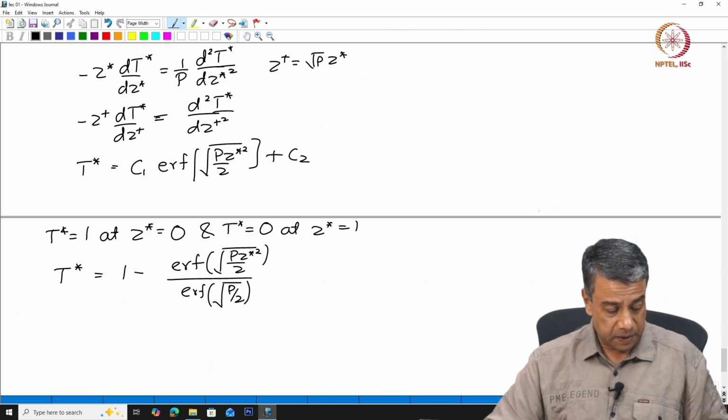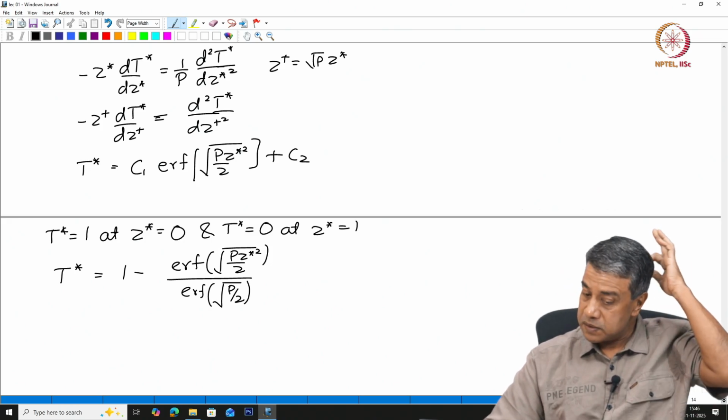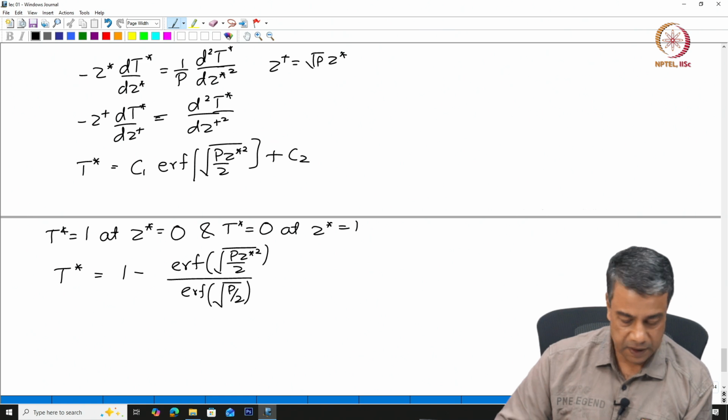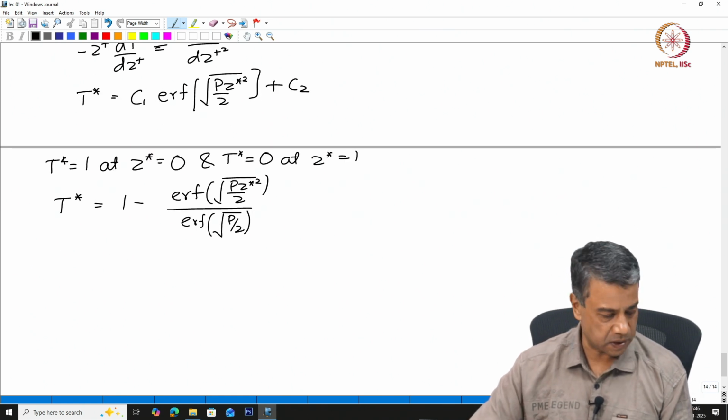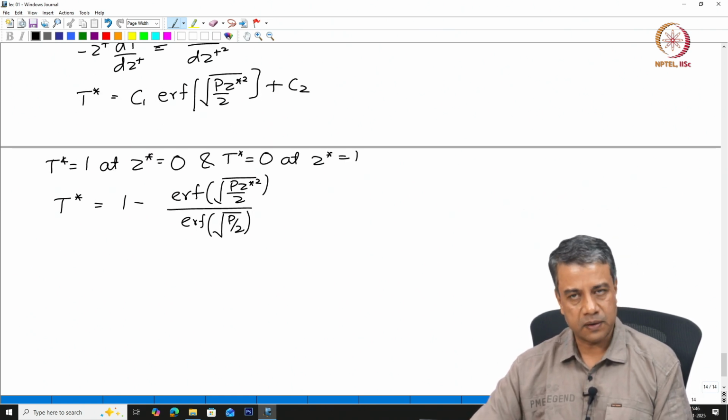We are not done yet, because we still do not know what p is. We have to solve for the rate of change of height as part of the solution. To do that, we have to get the heat flux.